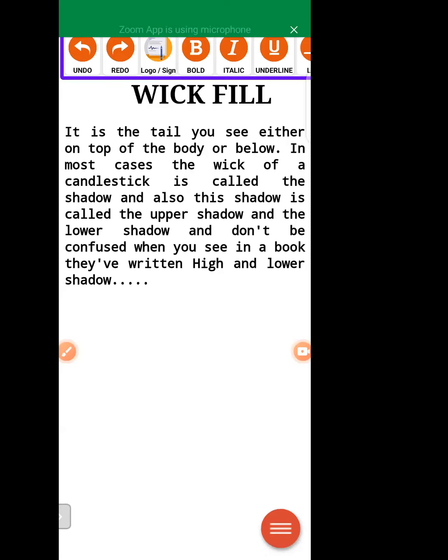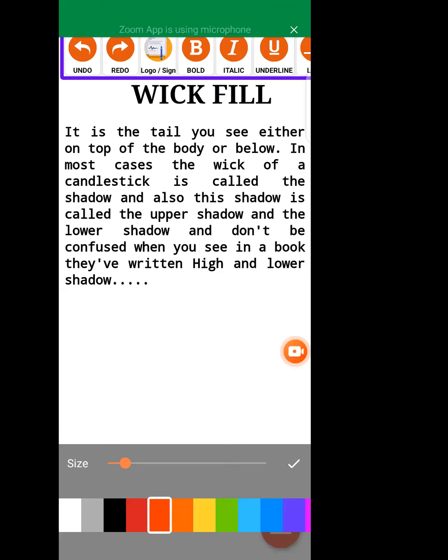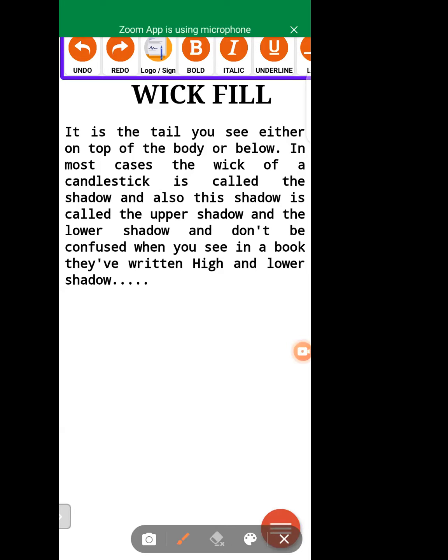The wick fill. So we are talking about the wick, but not the fill. So please, you guys should get me well. We are talking about the wick, not the fill. This we are not talking about. We are talking about the wick.